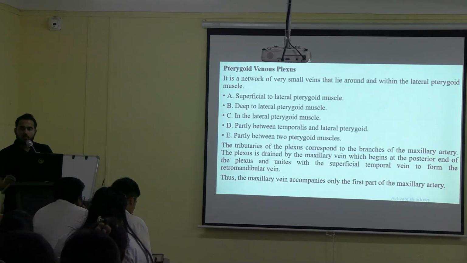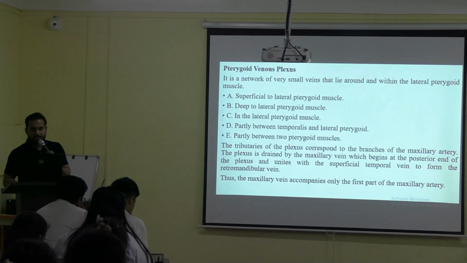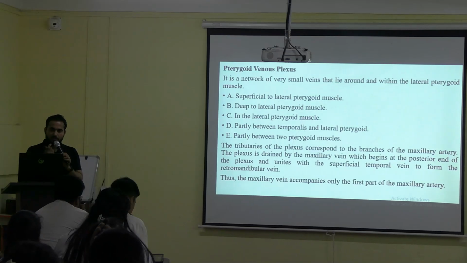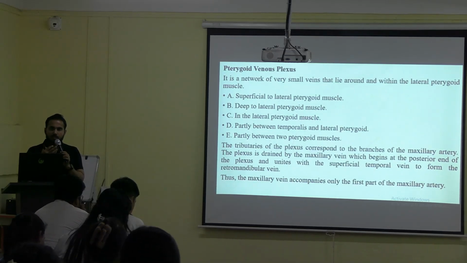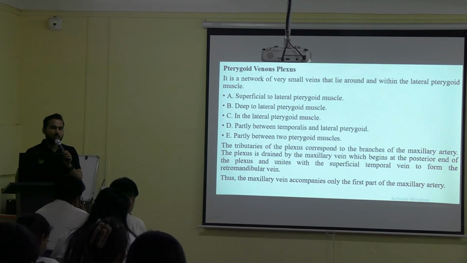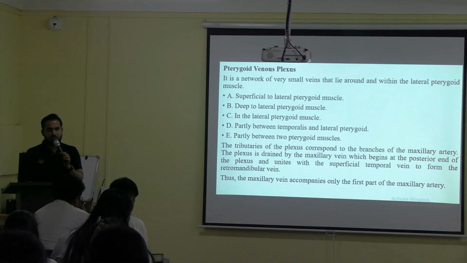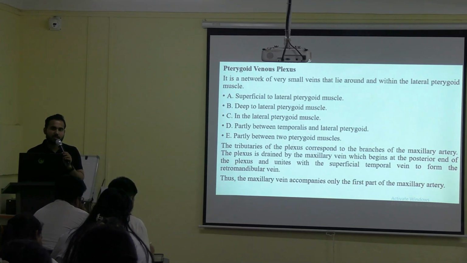Okay. Now, क्या होता है? The tributaries of the plexus, any plexus is there, tributaries will be there. Now they are accompanying the maxillary artery. Ultimately, they will accompany the maxillary artery only because here the maxillary artery and its branches are present. Okay.